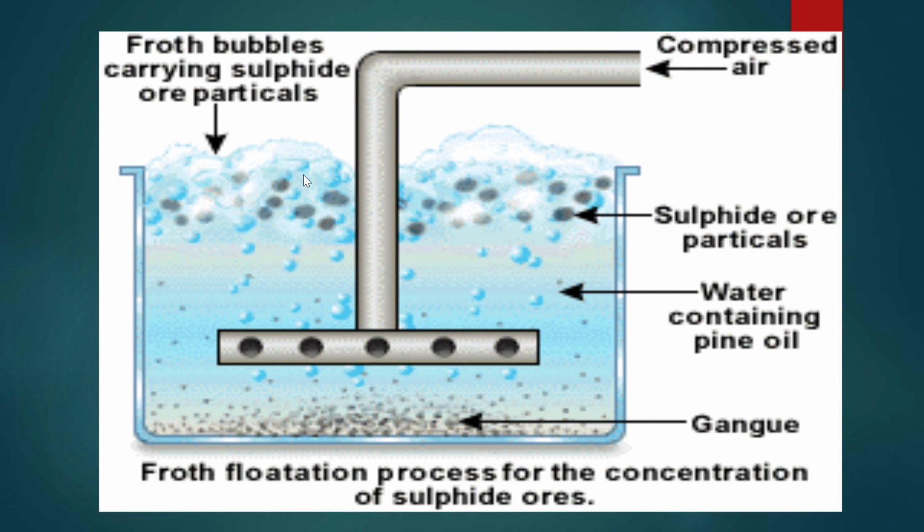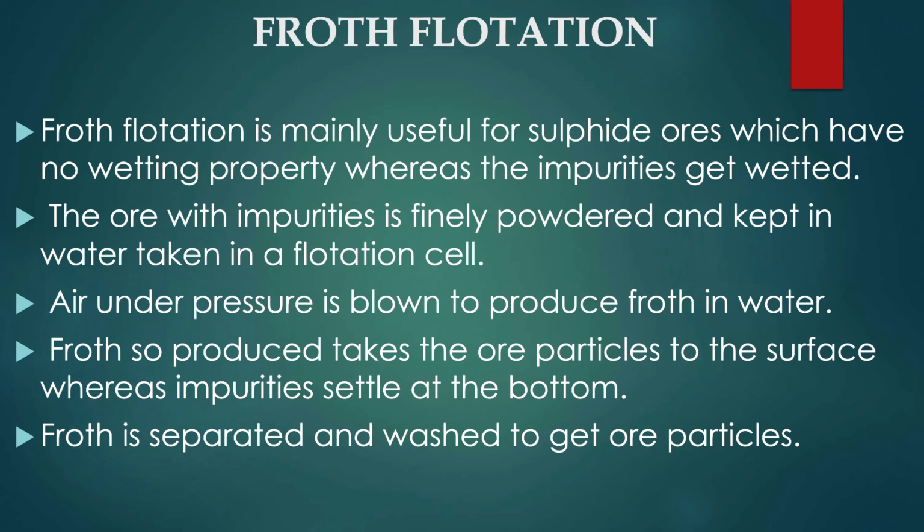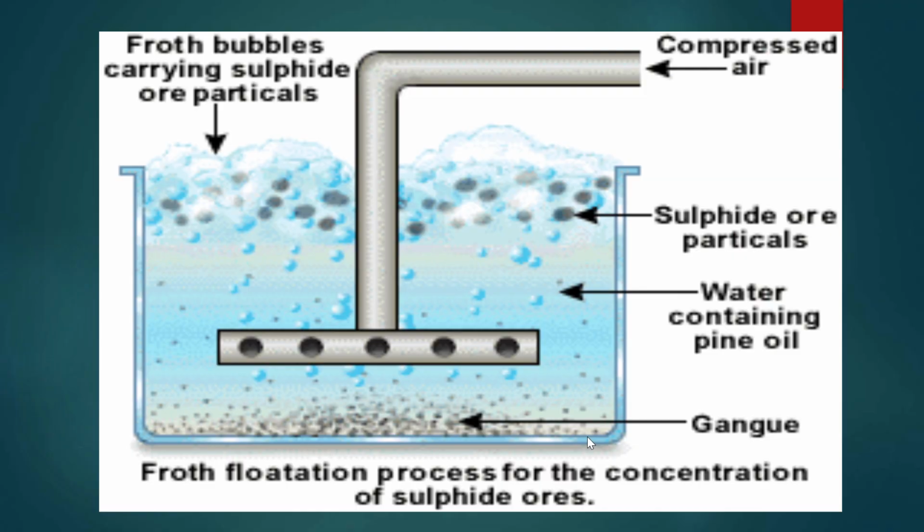Before you send compressed air, the water in the flotation tank is added with pine oil, children. The air under pressure is blown to produce froth in water. The froth so produced takes the ore particles to the surface, whereas the impurities settle at the bottom. Thus, the froth is separated and washed to get the ore particles.